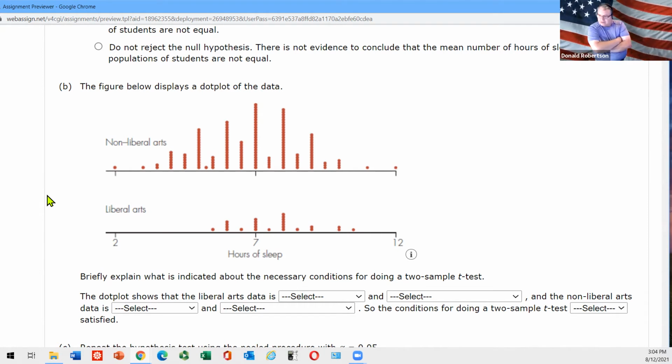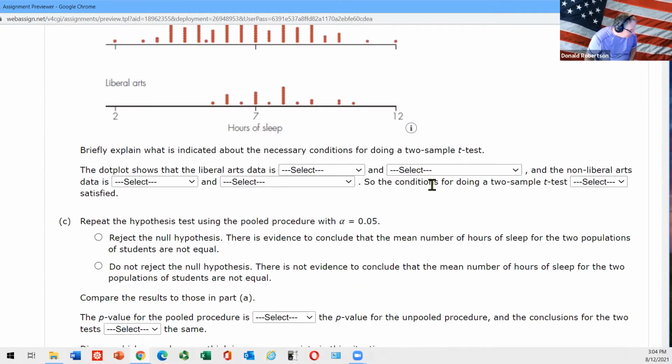Does it look like there's more on the left of the middle hill than on the right? But is it enough to be a problem? Probably not. Agreed? But it does go up and down a lot, doesn't it? And that might be a bigger problem. If you look at the liberal arts students, it goes up and down like a yo-yo as well. It's got that same a little, a big, a little, a big. That's a little bit worrying as well.